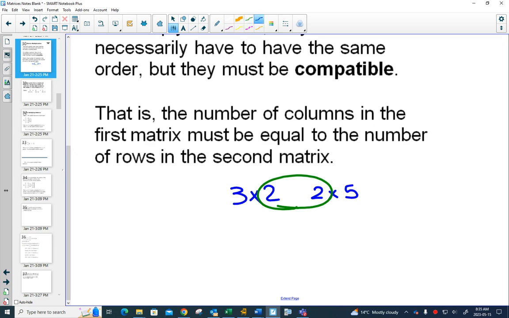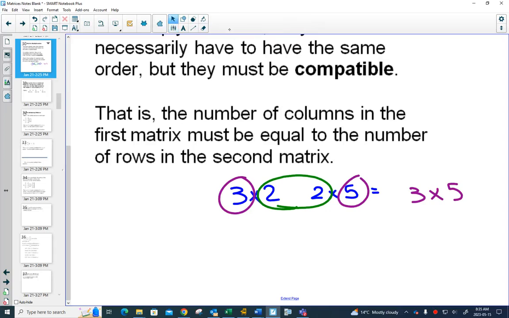When you multiply them, the size of your answer will always be the outside numbers. So it's kind of interesting that way. In order to be compatible, those middle numbers have to match up. If they don't match up, they won't be able to be multiplied together.